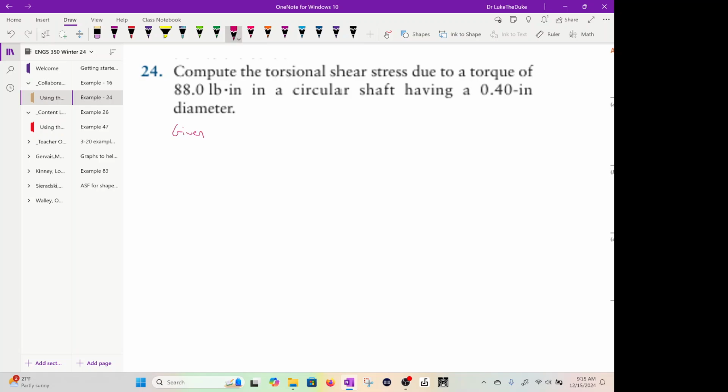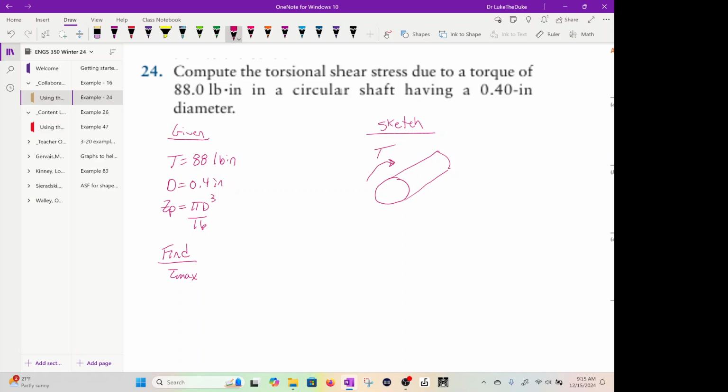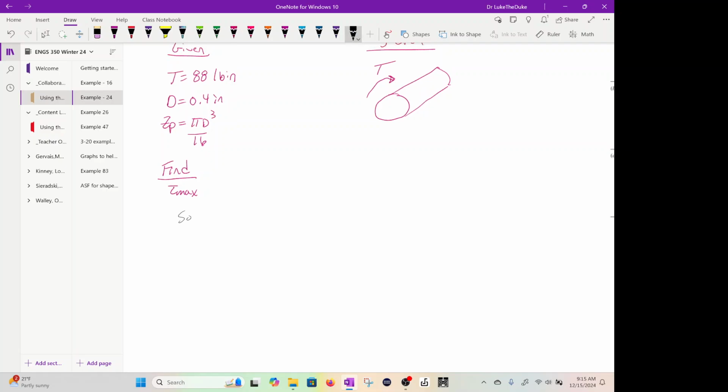So given, we have torque of 88 pound-inch, we have the diameter 0.4 inches. All right, we're going to use Zp is pi d cubed over 16. We're going to find tau max, and we have a shaft, okay, so we can do a sketch. Here's the shaft, okay, and then the solution for torsion, for tau max, the shear max stress would be T over Zp.